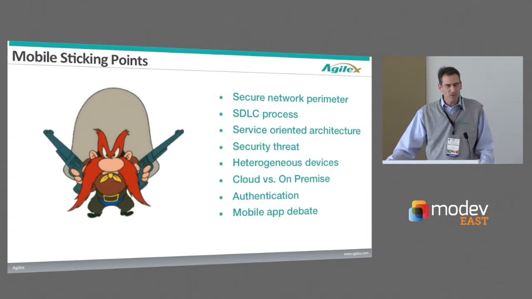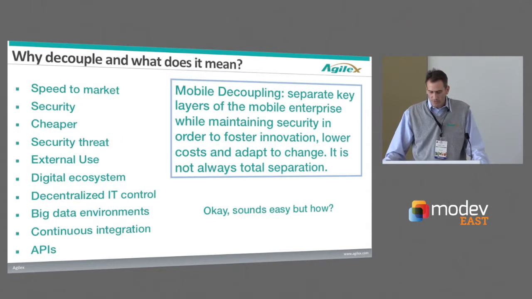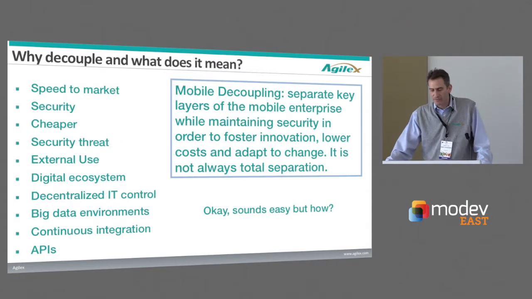And so that's when I was thinking, okay, that's the key. That's what we have to address. And with that, that's where we came up with this concept of decoupling. What is decoupling, and what exactly does it mean?